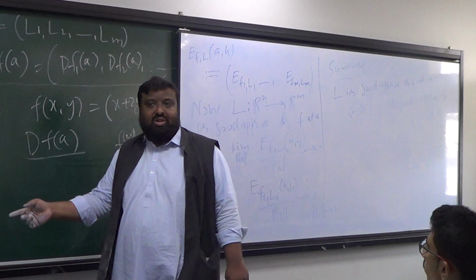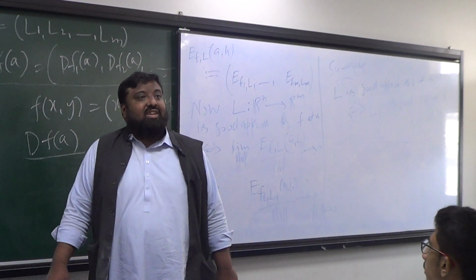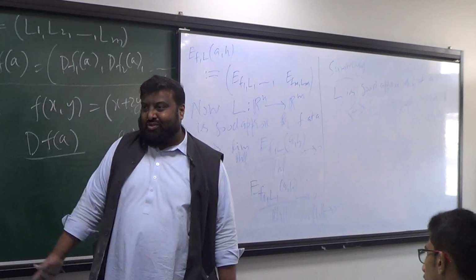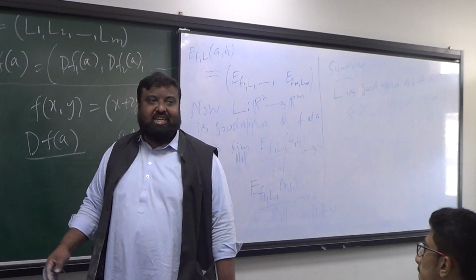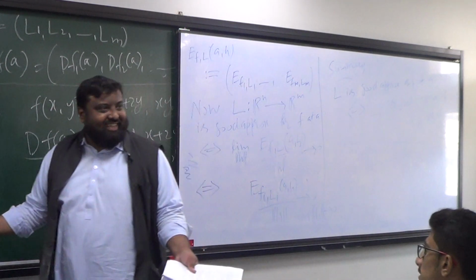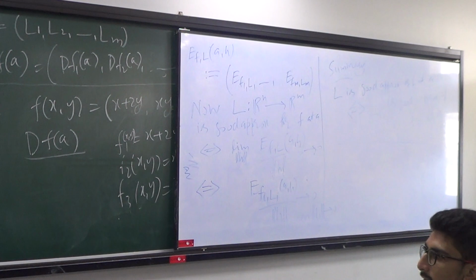So you learned the chain rule, and then you learned product rule, quotient rule. Are we going to have all these things here? The answer is why not? We are going to have all these things here.